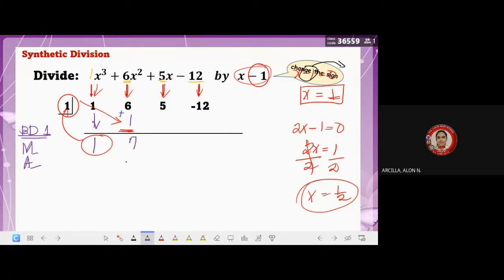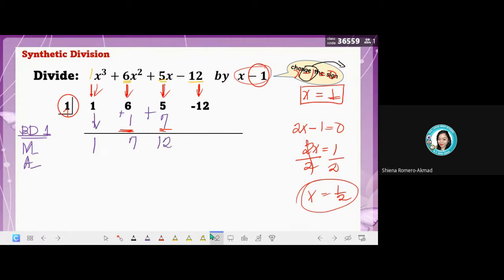7. Then, I will continue the same process. Okay? Obrahin natin. Same process po. Multiply. Dito. Sulat dun. Okay? So, 7 times 1 is 7. Sulat natin dito, 7. Then, add. So, magiging positive 12.